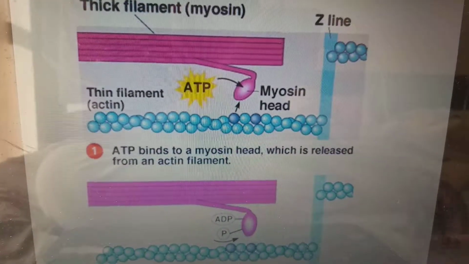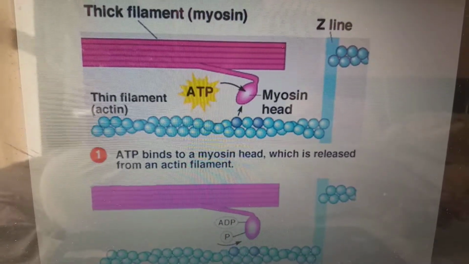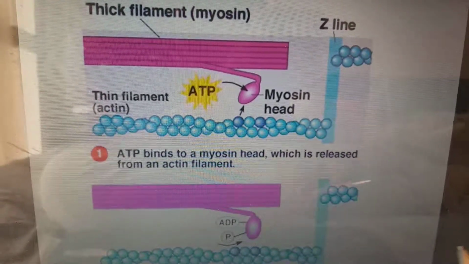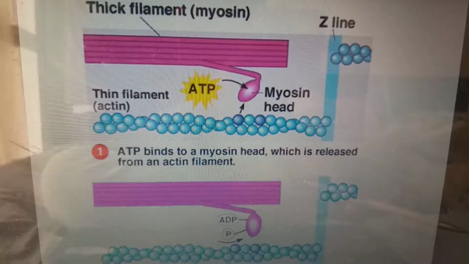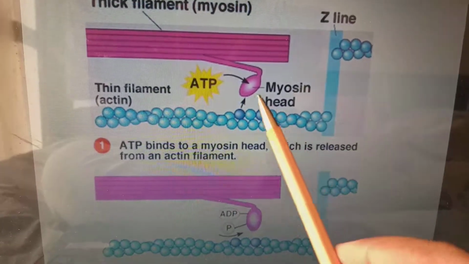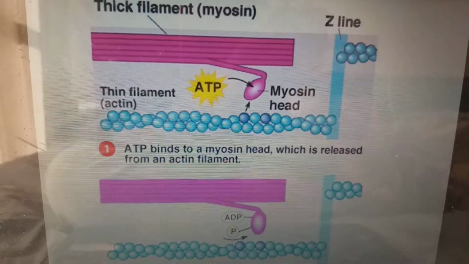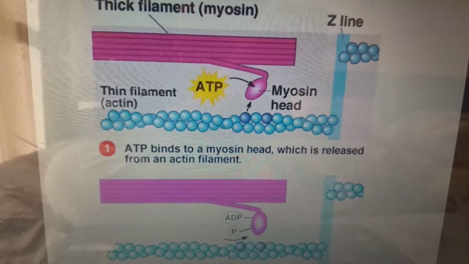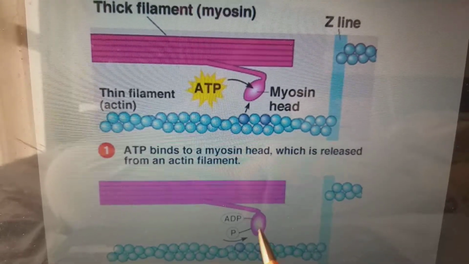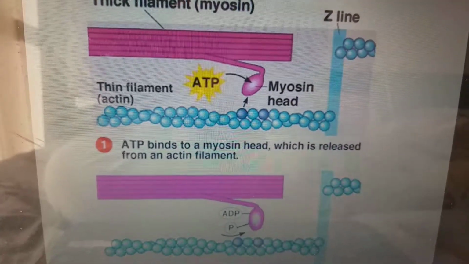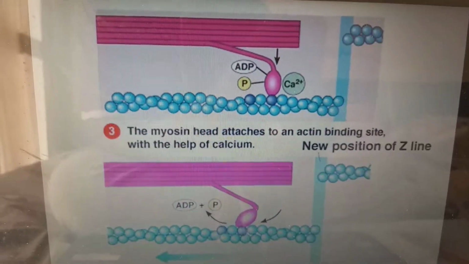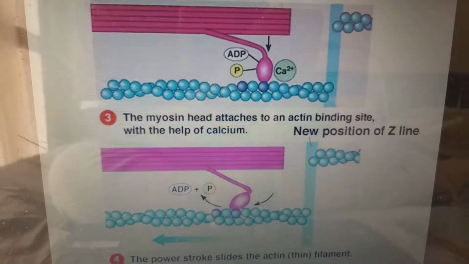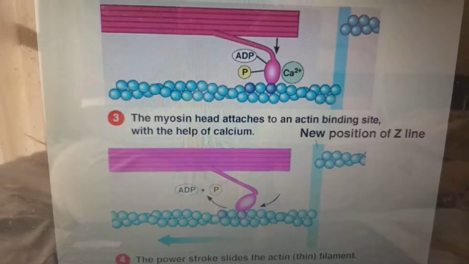So this is the illustration of the thick filament and thin filament. The ATP binds to the myosin head, which releases it from the actin filament. When the ATP attaches only, then it gets released. Hydrolysis of ATP cocks the myosin head, meaning it flips the myosin head for the power stroke. So the myosin head attaches to the actin binding site with the help of calcium.